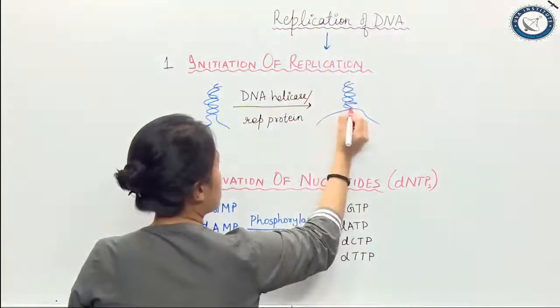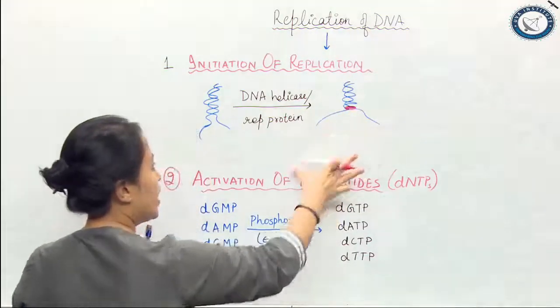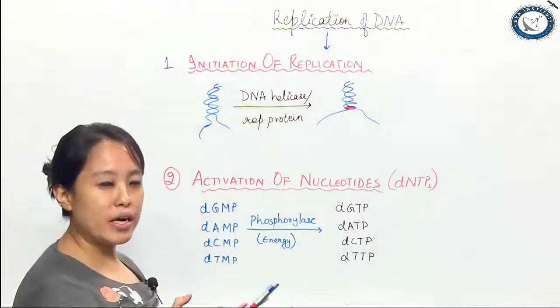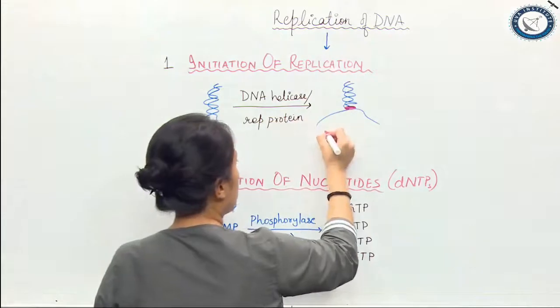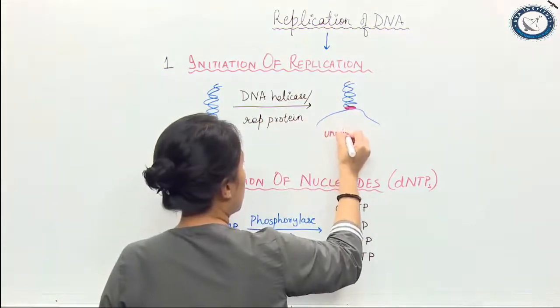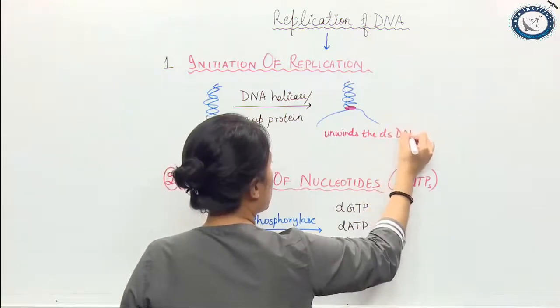This DNA helicase enzyme binds here and it will help in unwinding. That means it will open up, it will unwind the double-stranded DNA molecule.